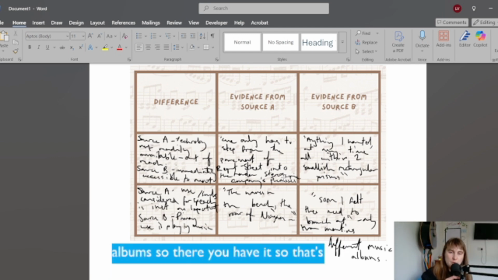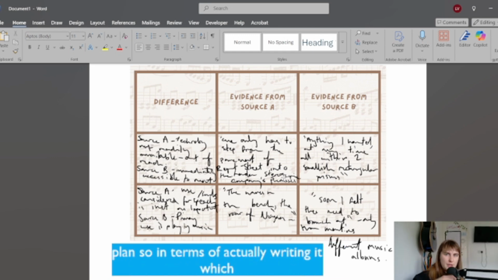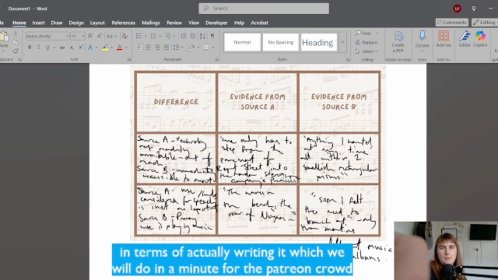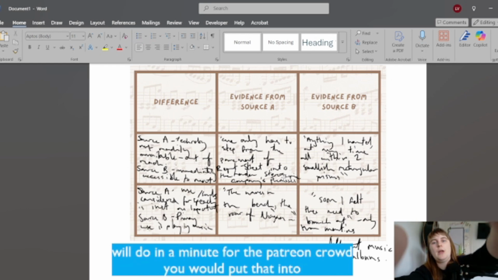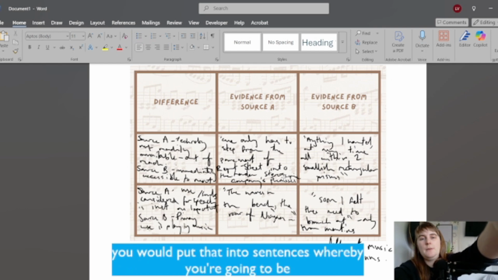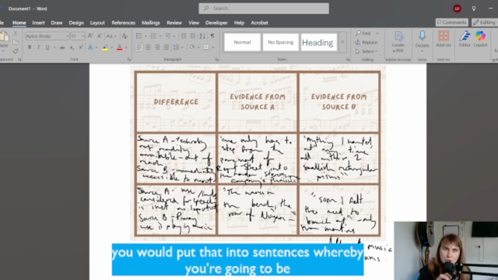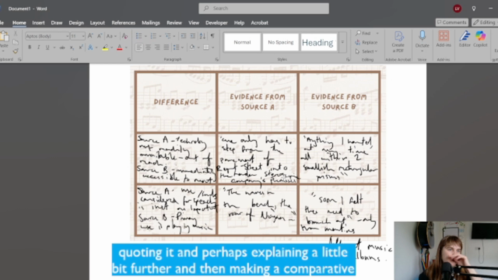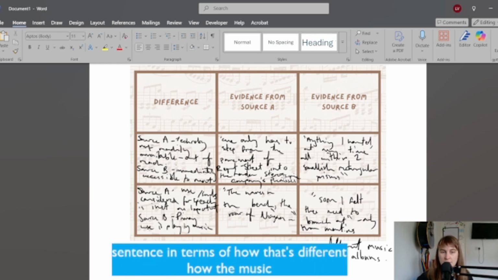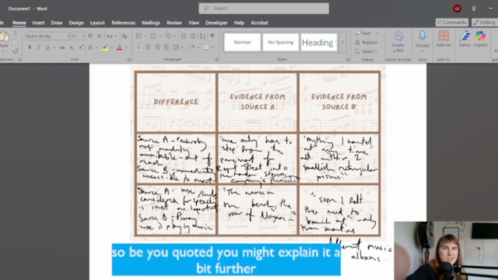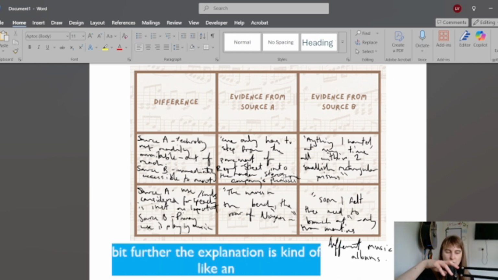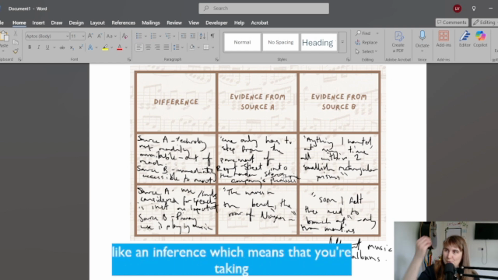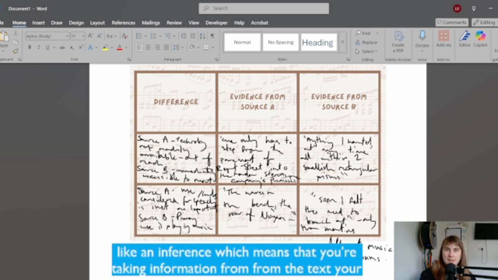So that's the plan. So in terms of actually writing it, which we will do in a minute for the Patreon crowd, you would put that into sentences whereby you're going to be introducing something about source A and quoting it and perhaps explaining it a little bit further, and then making a comparative sentence in terms of how that's different to how the music technology is presented in source B. You quote it, you might explain it a bit further. The explanation is kind of like an inference, which means that you're taking information from the text, you're inferring something from it.